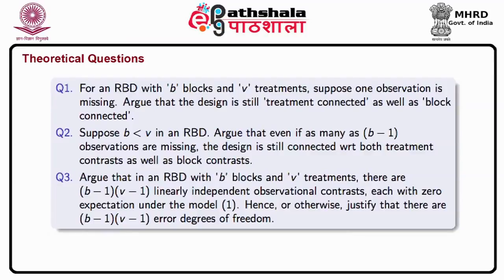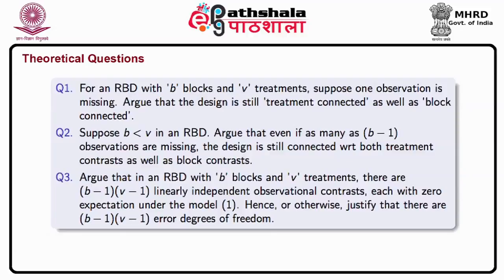So you start wondering where is it coming from. It's not just from the splitting of the total degree of freedom and then taking into account the degree of freedom due to blocks or due to treatments. There should definitely be so many mutually orthogonal observational contrasts with zero expectation. So that is the problem here.